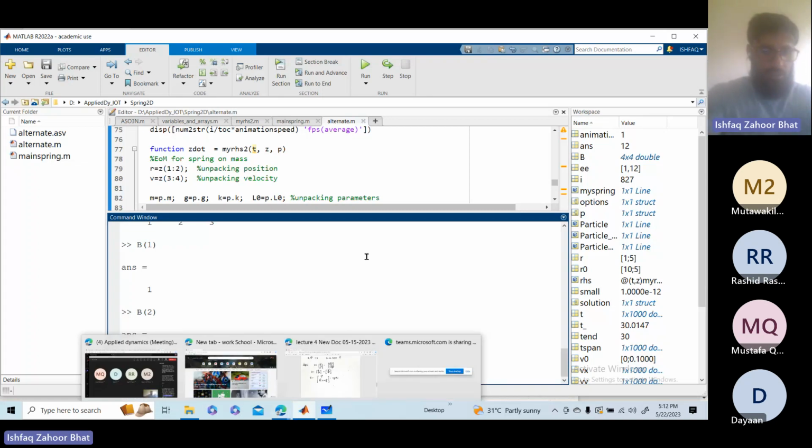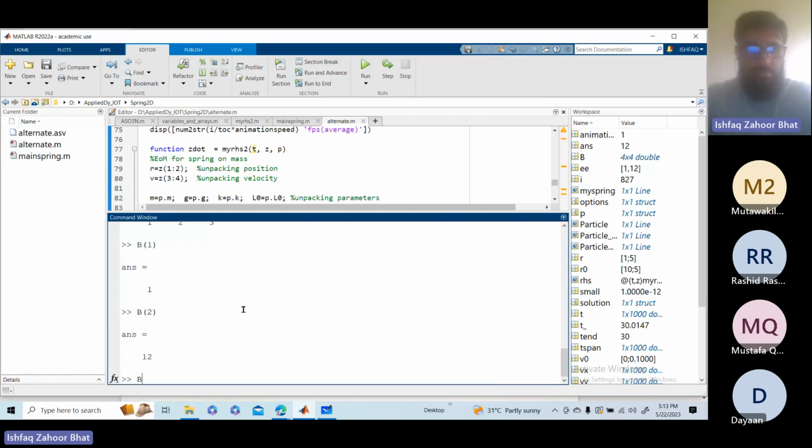Okay, thank you. So now see, if I type B of 5, what should I get? I don't know what has happened to this laptop, it is not typing. B of 3, then 6, then 7.